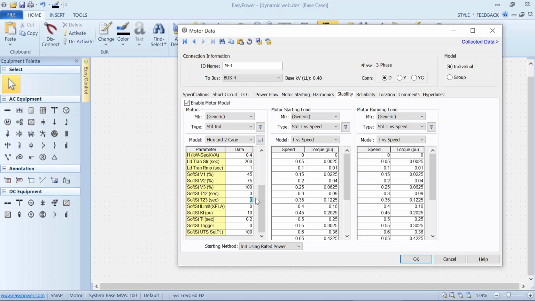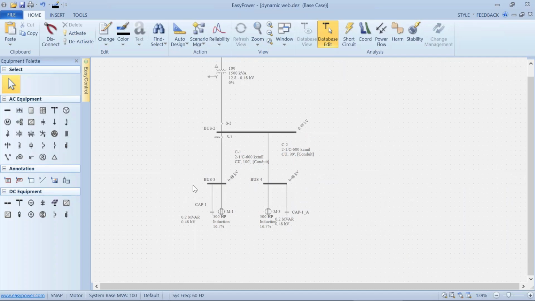Now again, what I'm trying to illustrate is the value of a what if, and for large companies that have these kind of situations, just starting up the motor could bring down the rest of the plant. And so this way it gives you the ability to tune on a what if basis.